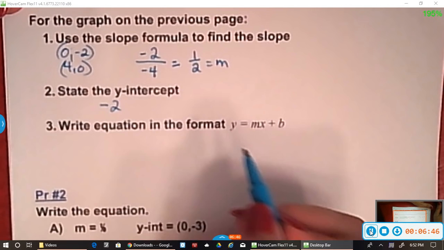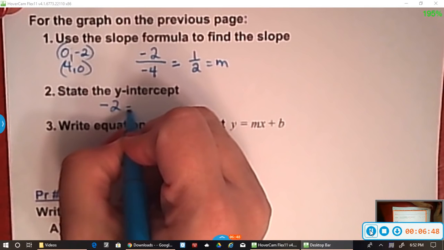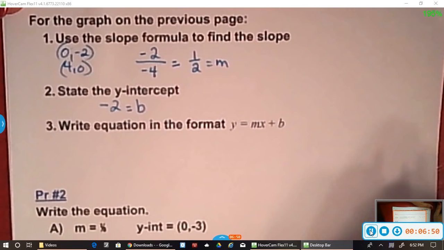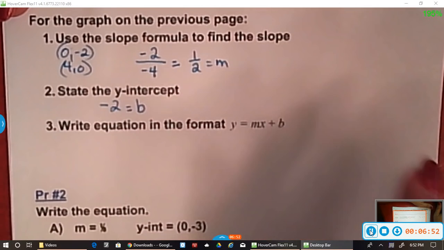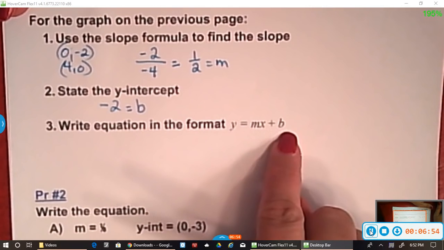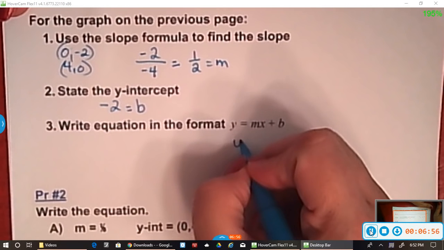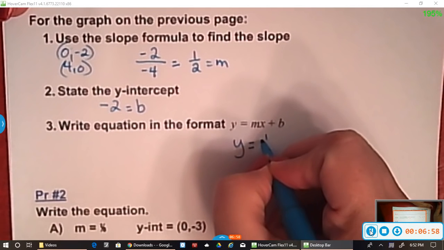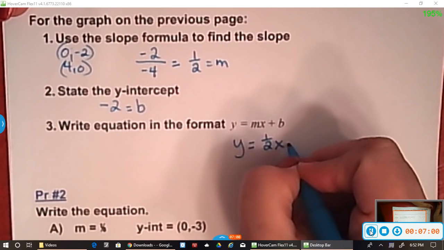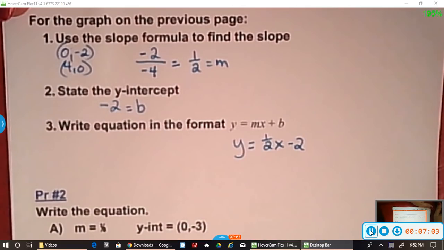And we already talked about my y-intercept is -2, so that means b is -2. All I have to do is plug those into this formula. So y equals 1/2 x minus 2. And that's your equation.